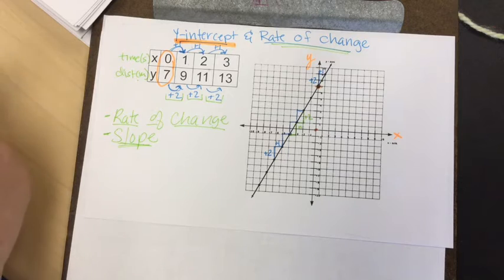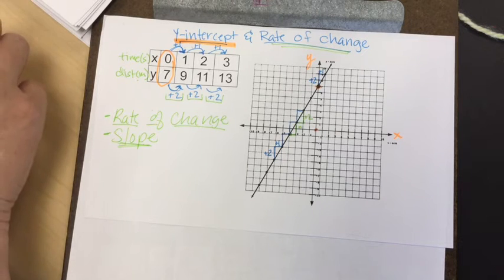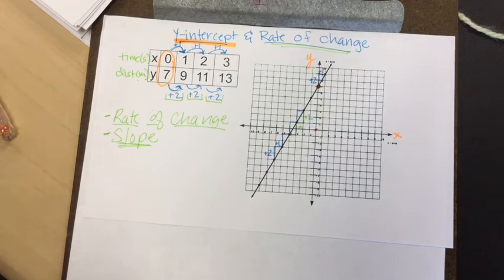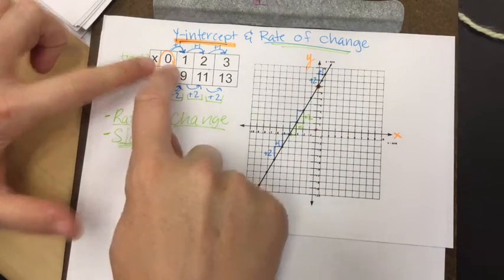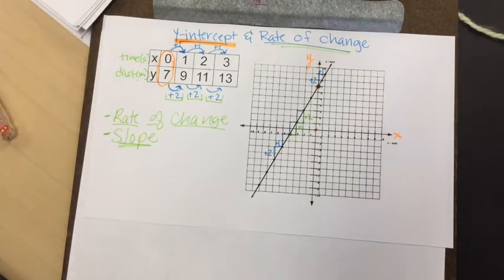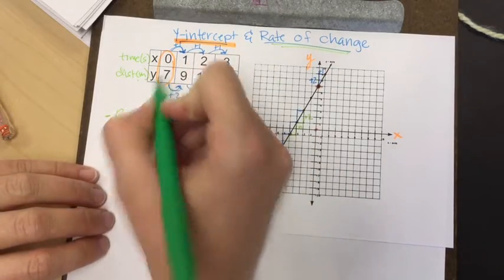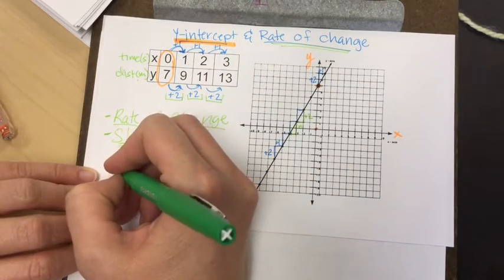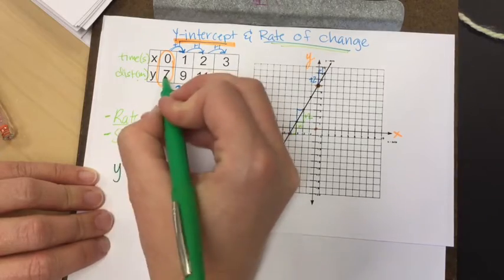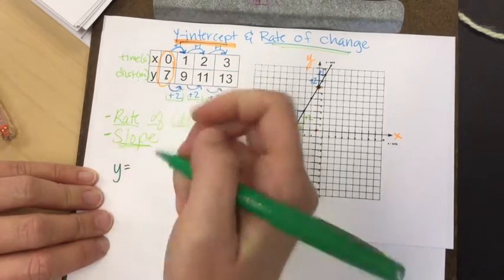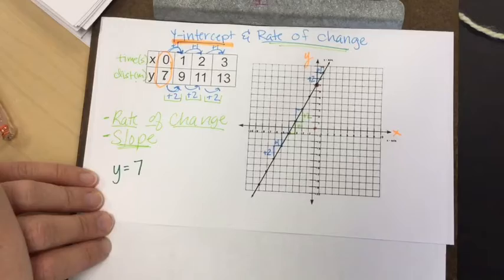So now what we're going to do is put that in an equation. What this table is saying is that the distance in our race will be, y will equal, this person gets a head start of 7, so that's their starting value.